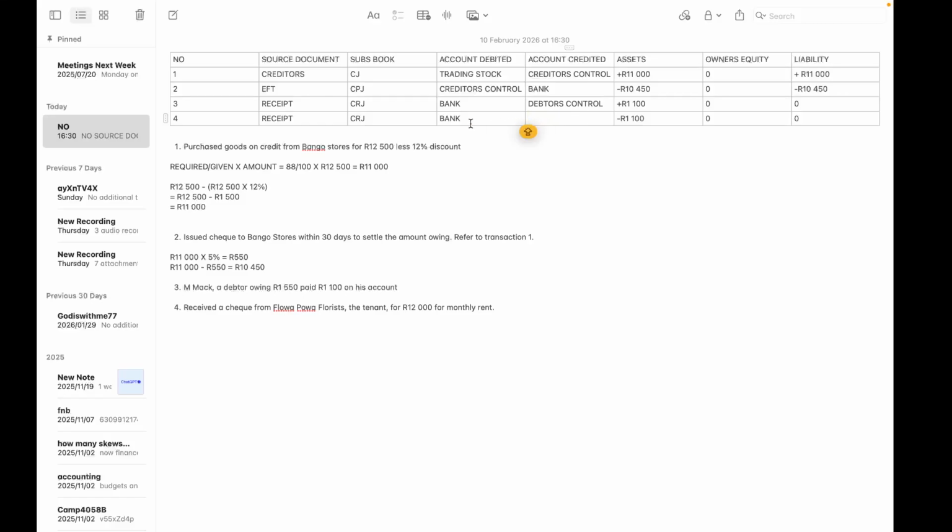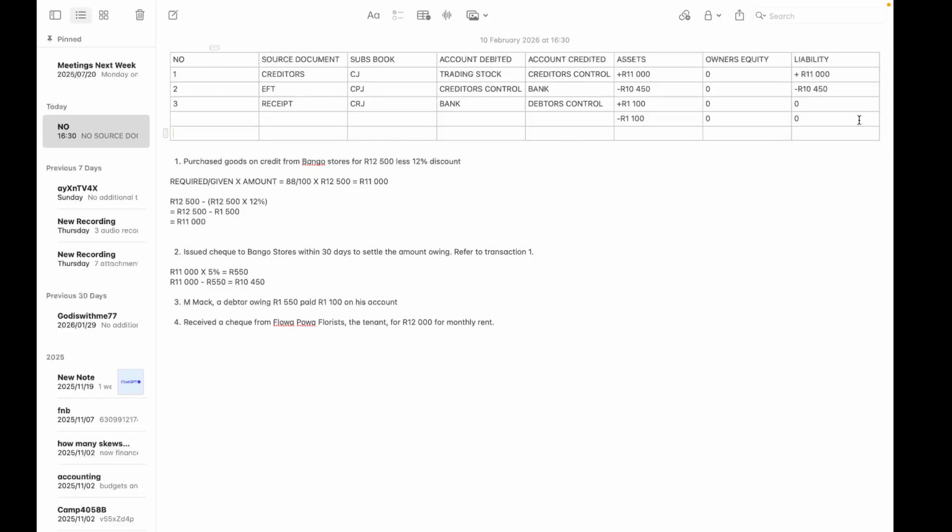I was supposed to add another column here, right? Yes. So it's gonna be CRJ, it's gonna be receipt, it's gonna be number 4, it's gonna be bank, right? And it's gonna be rent income.